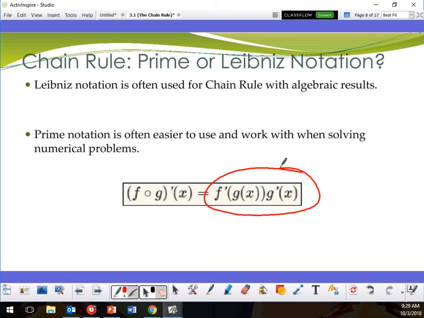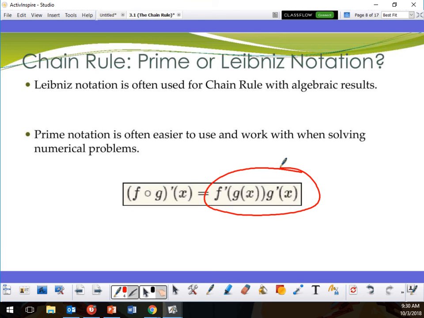So g prime means the derivative, right? G of x means the original function. And f prime of g of x: what number should go in here? It's not just x. What goes into the f prime is the g of x, so it's like the y value.